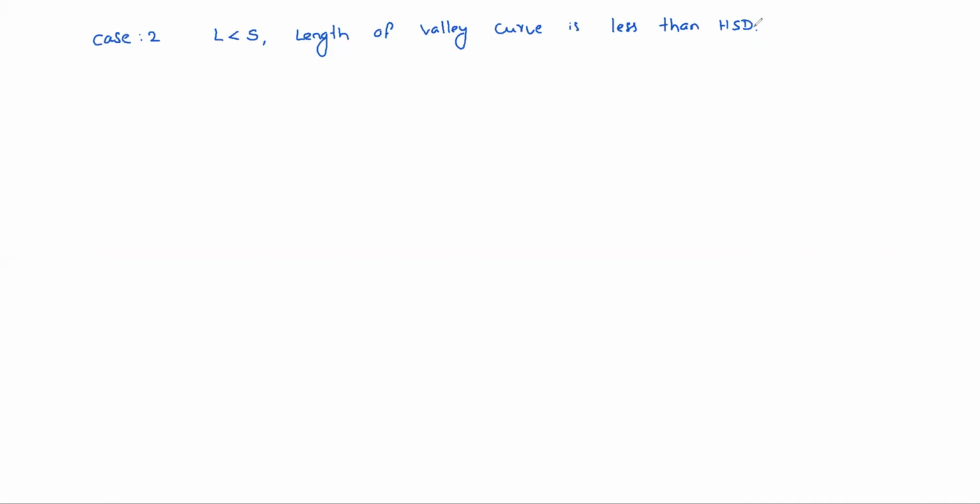See, in this case, L is less, so for which position we get maximum sight distance we consider, and we will derive this. In the previous case we have taken minimum sight distance, the position for which we get least sight distance availability.